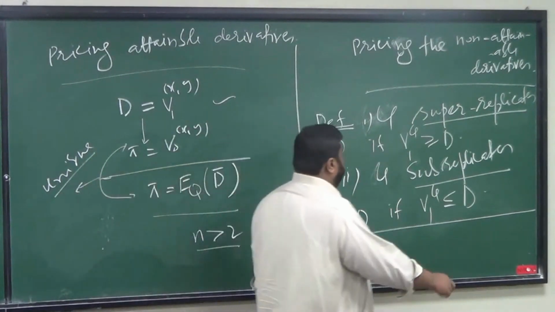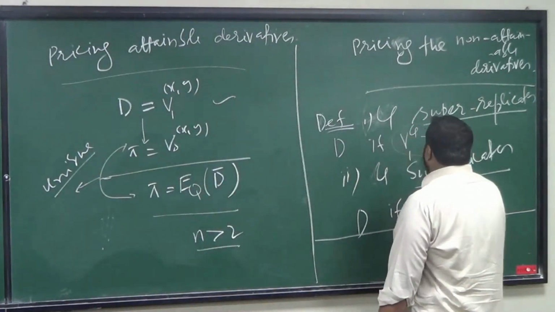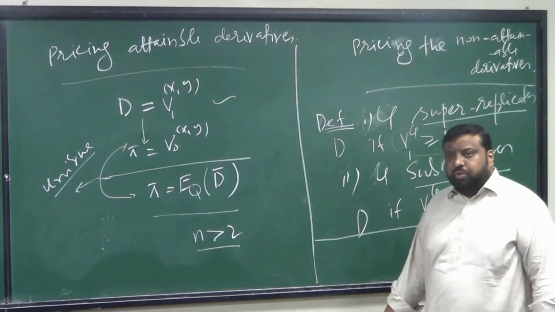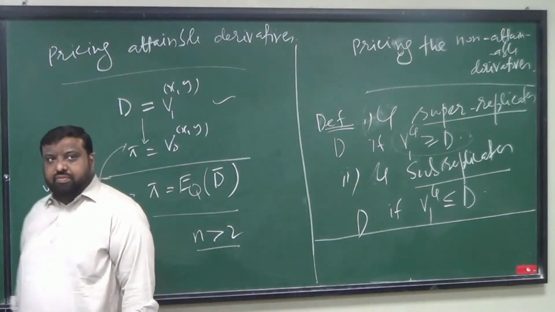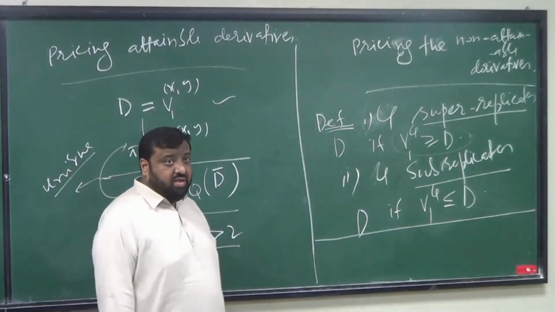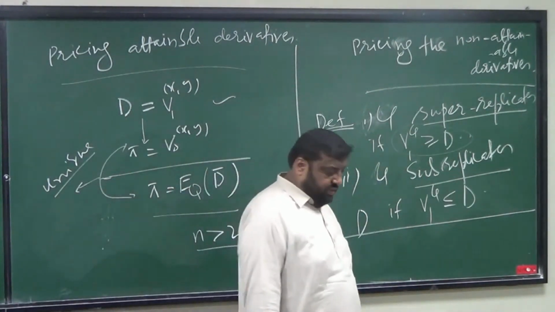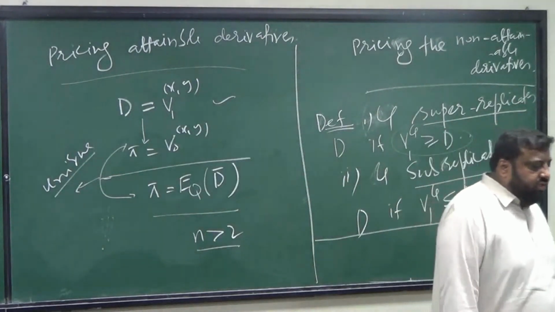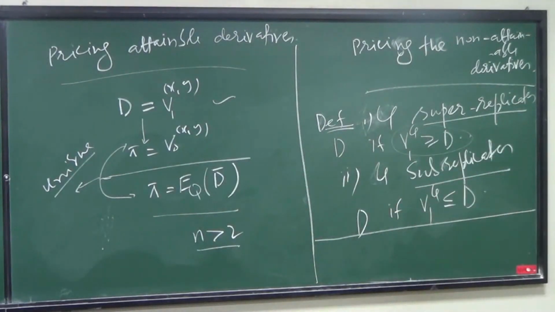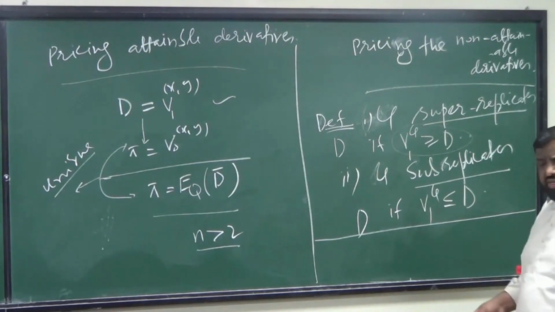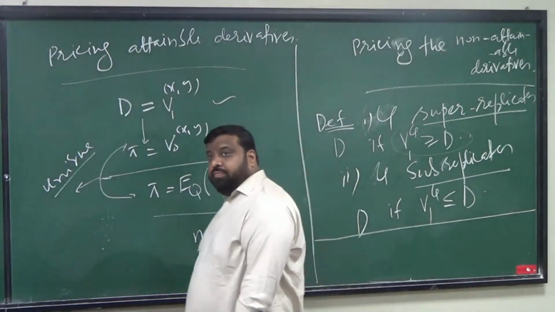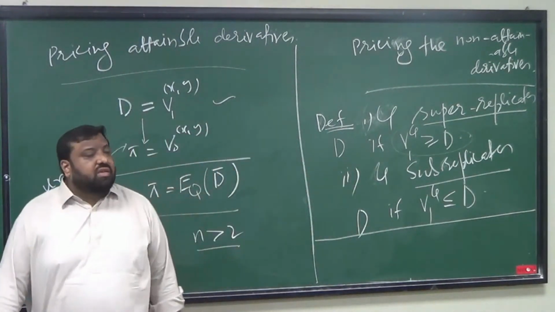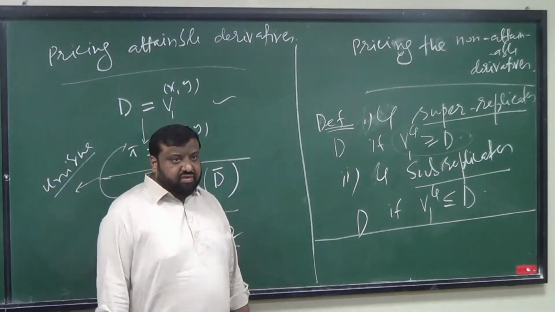Now, why is a super replicating portfolio a good portfolio? It is doing something interesting. Why should a person be interested in, for example, super replicating? Imagine you are the seller of the derivative.